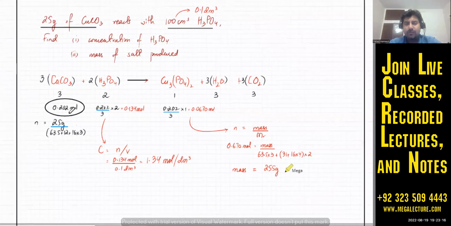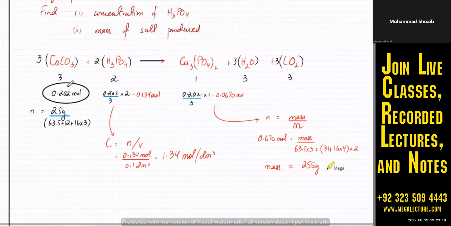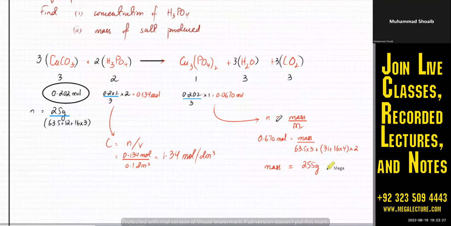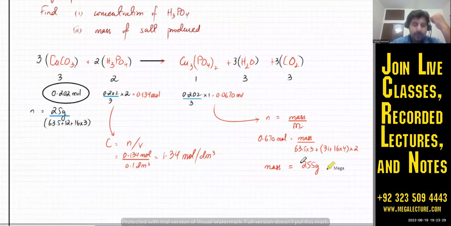And if I know the moles of one substance, I, Sir, huh, you wrote the incorrect value of the moles. It's 0.0670. so यहाँ पे 0.255 होगा ना. यही है.